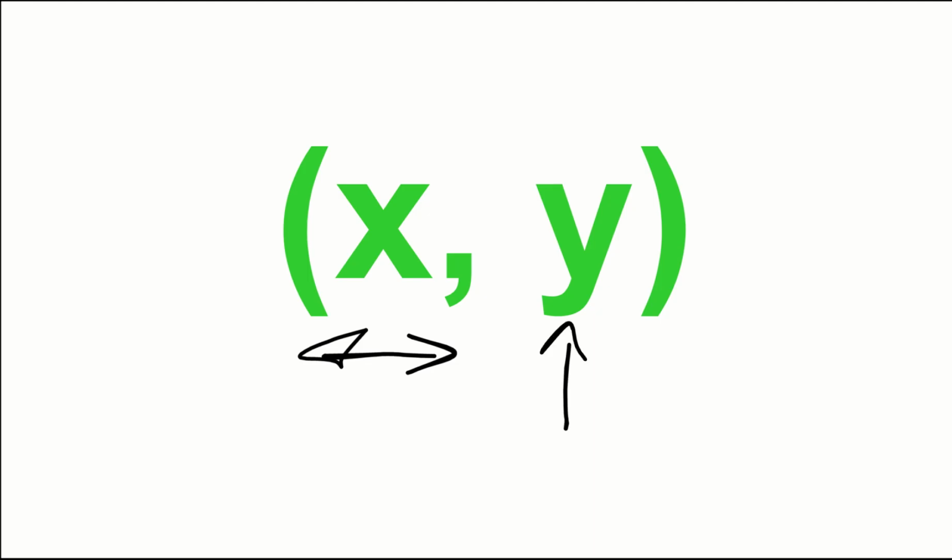Y values and the y-axis are talking about up or down. For translations, that's going to be important too. When they talk about something sliding to the left, that's talking about an X value. When they talk about it going up, that's talking about a Y value.